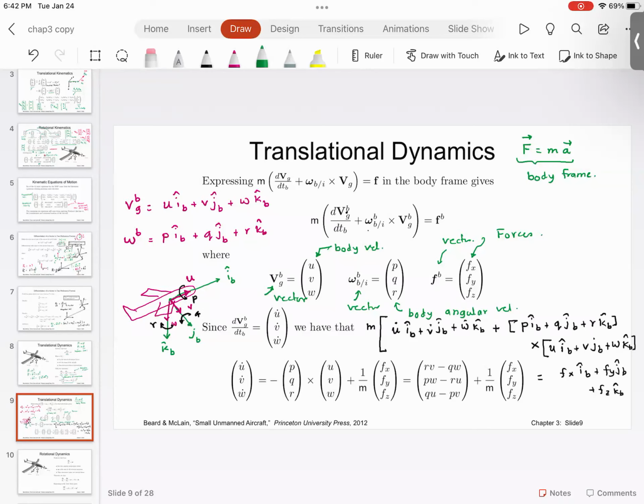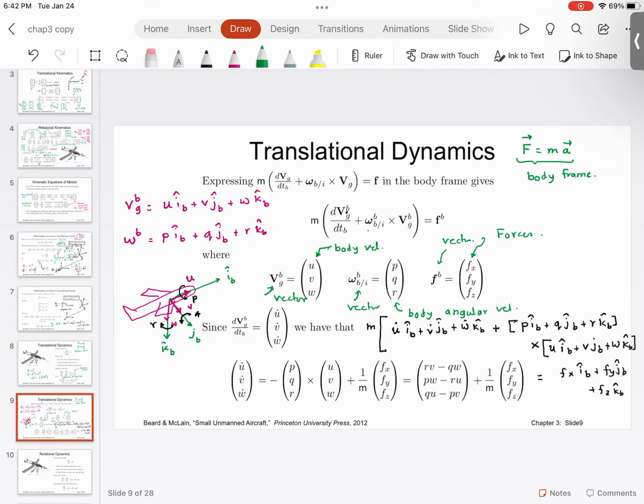I want you to be absolutely clear. This big expression comes from the derivative of magnitude and the derivative of direction. Next, do you want me to derive this equation? Is everyone okay with this? One thing I will say is that this expression.